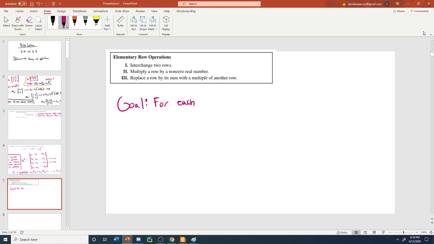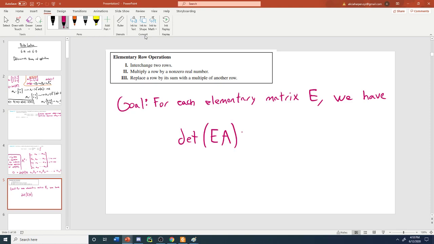For each elementary matrix E, we have the determinant of E times A is equal to the determinant of E times the determinant of A. This is our goal.